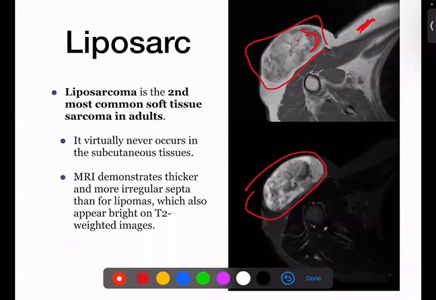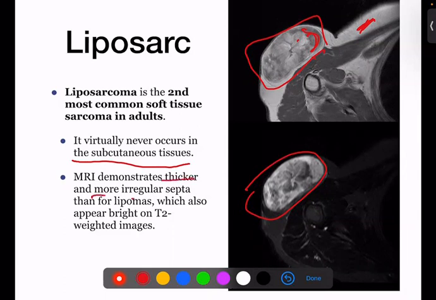Liposarcoma is the second most common soft tissue sarcoma in adults. The most common is undifferentiated pleomorphic sarcoma, or UPS. It virtually never occurs in the subcutaneous tissue, but it does happen. I've seen it. And as you can see in these images, it's in the subcutaneous fat. So MRI demonstrates thicker, more irregular septa.